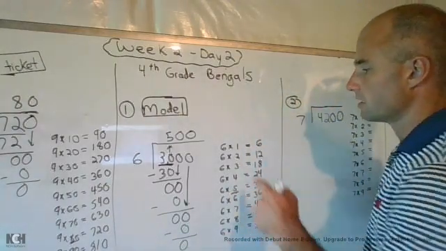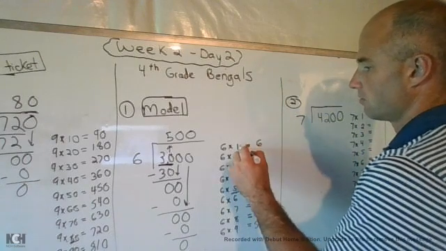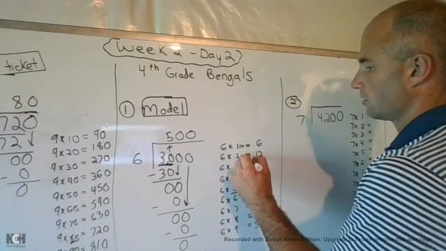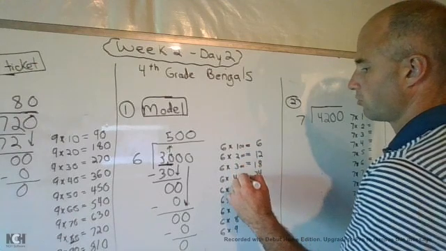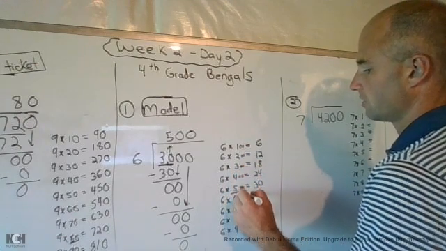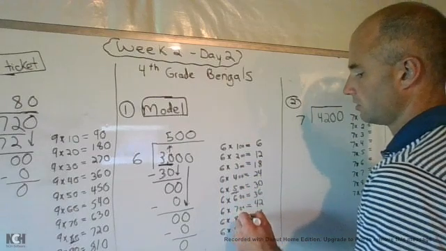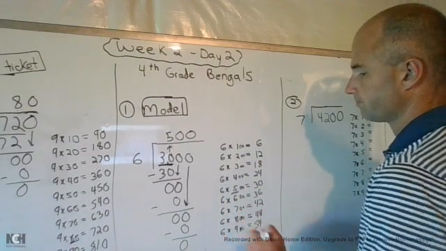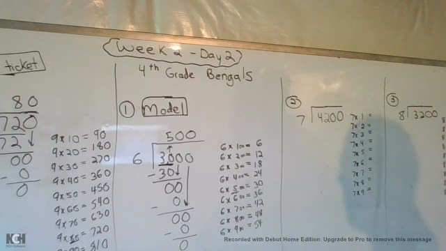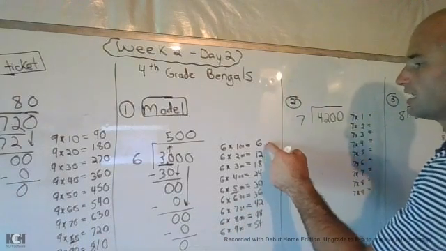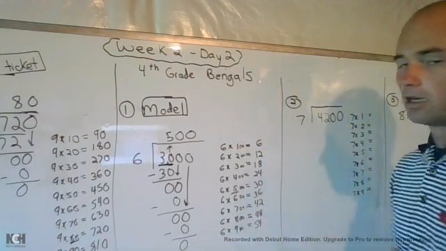If I wanted to turn these into hundreds, 100, 200, 300, 400, 500, 600, 700, 800, 900. Then I would turn these in and multiply each of these digits by 100.